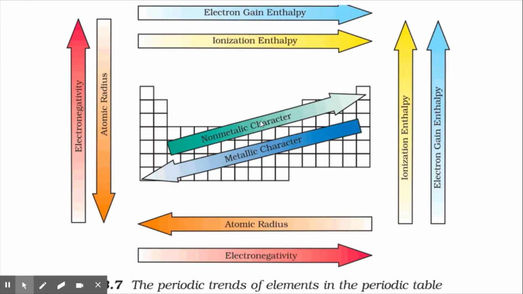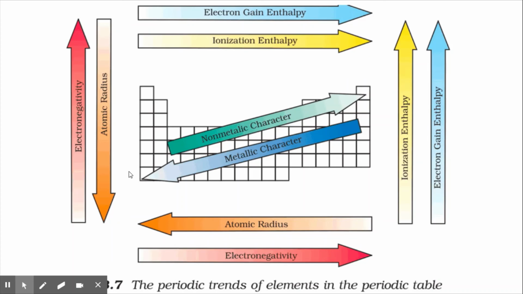For example, as you go up and to the right here, your non-metallic characteristics increase, or in other words, the more you go up and to the right, the less metallic your elements are going to be. Whereas the further down and to the left, the more metallic it is. Down here in this corner, these are the most metal of metals that you could ever have.